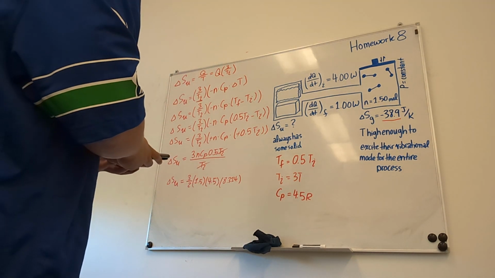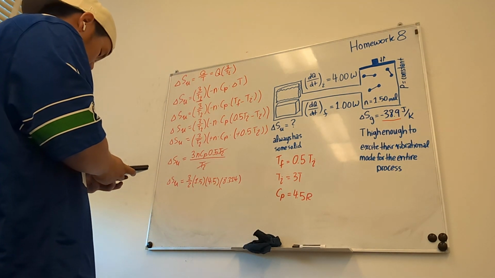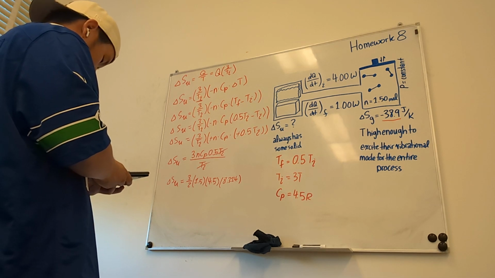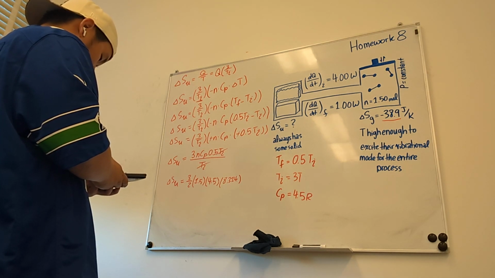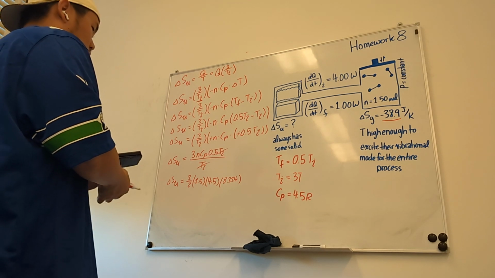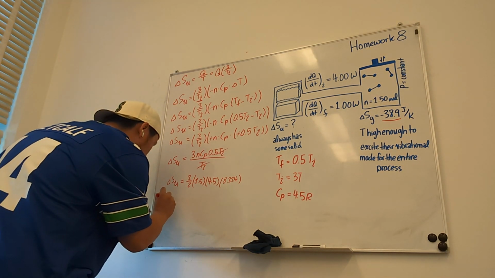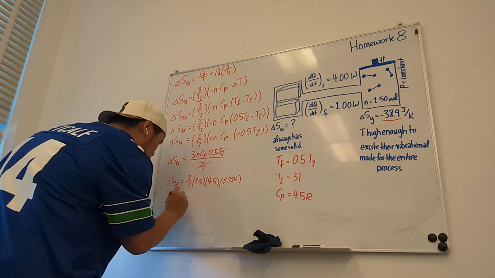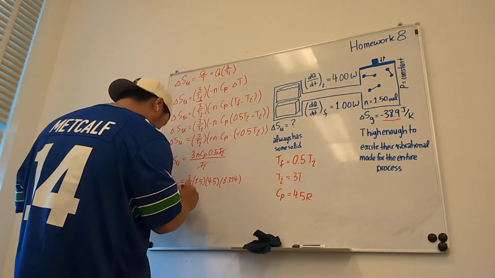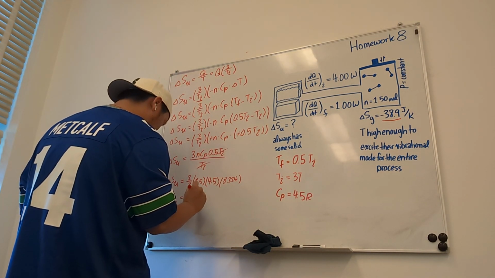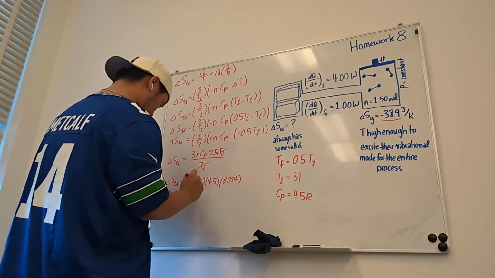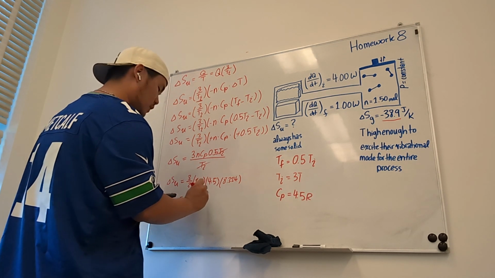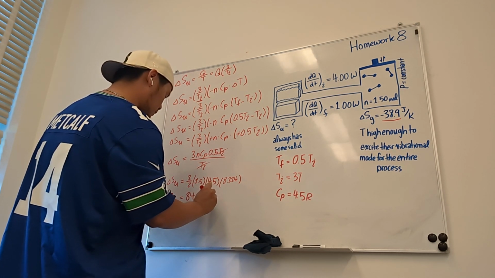The math should check out because we are left with delta S U, which is this, is equal to 84 joules per Kelvin.